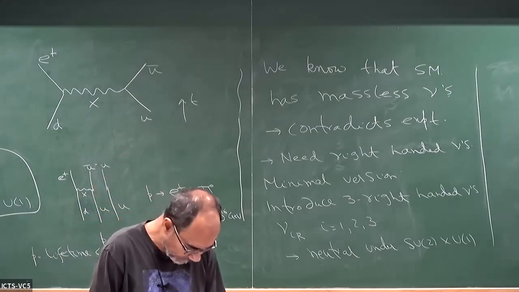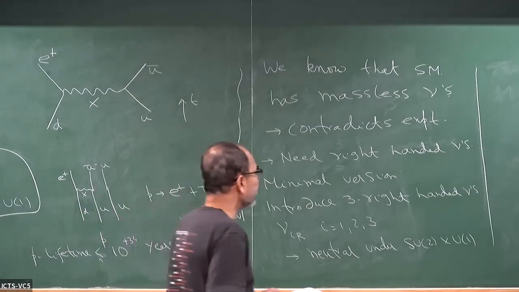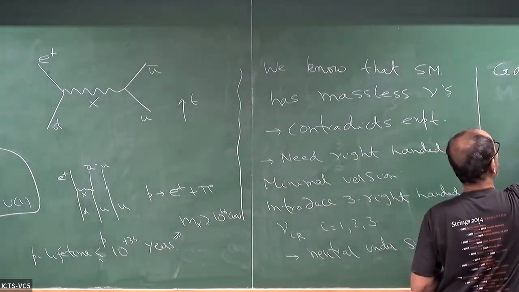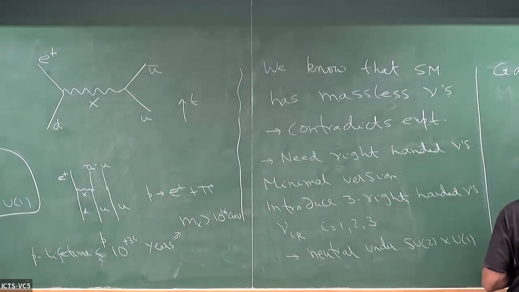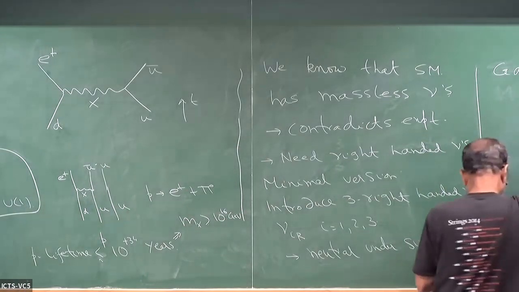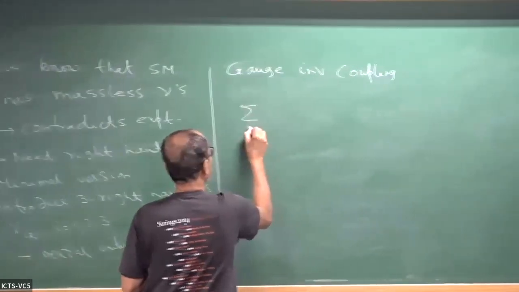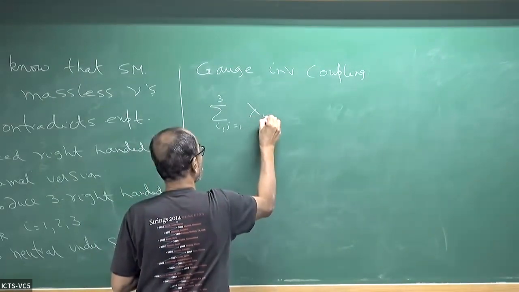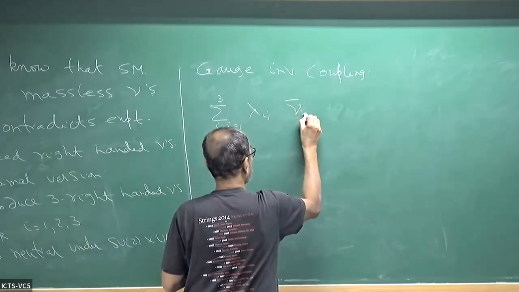But the way one gives mass to this is that one introduces a gauge invariant coupling of the following form. You can take this to be diagonal if you want, but that's the simplest case.